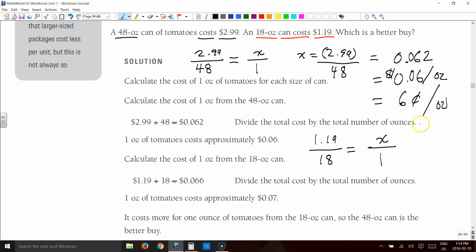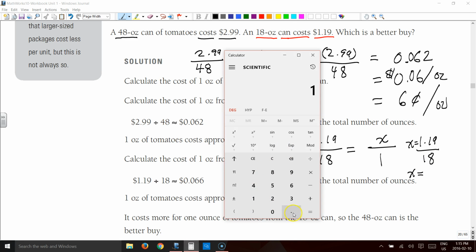And cross multiply and divide, and you get 1.19 times 1, which I won't show, divided by the 18, which means that your value is, all right, it's pretty close.